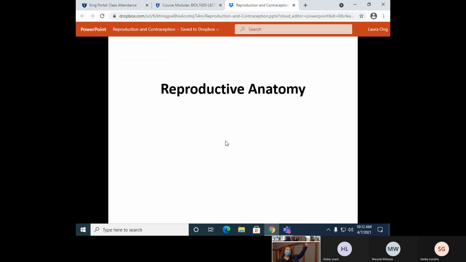It's going to be a lot of the same pictures that you labeled in lab yesterday. But what I'm doing in here is talking about, okay, this is the structure. This is what it's for. So it's kind of the anatomy we looked at in lab. Where is it and what's it called? And in here, we're going to talk about the function.